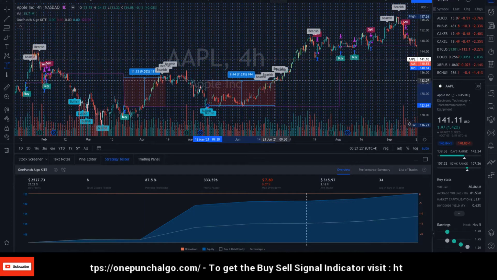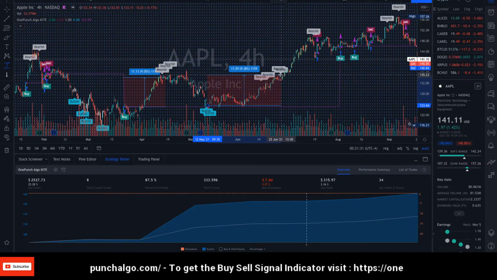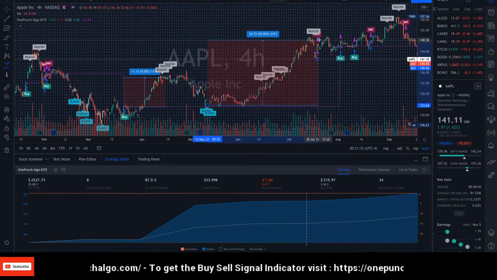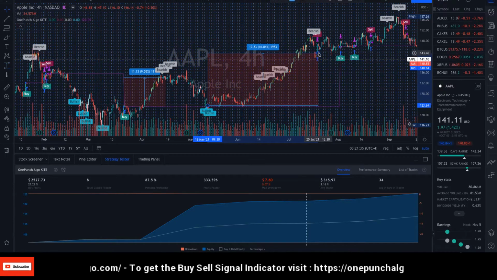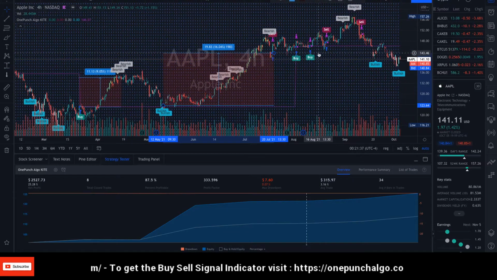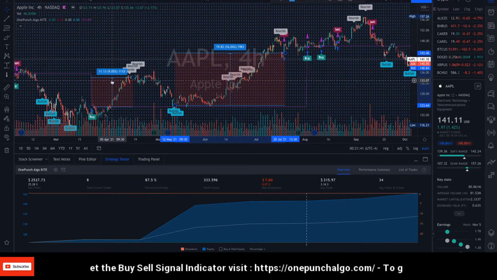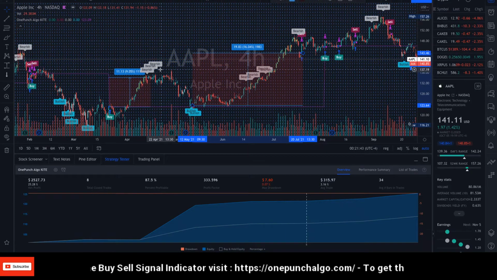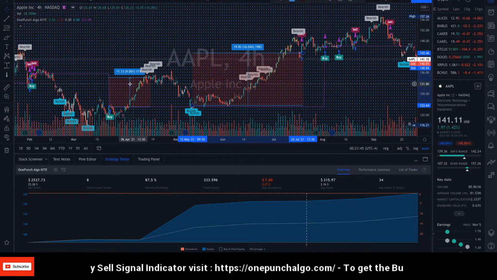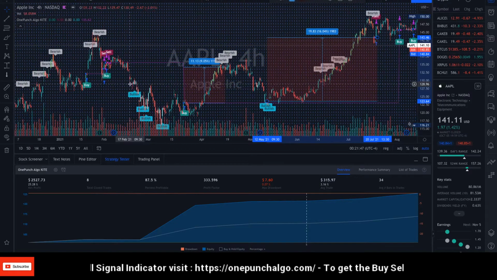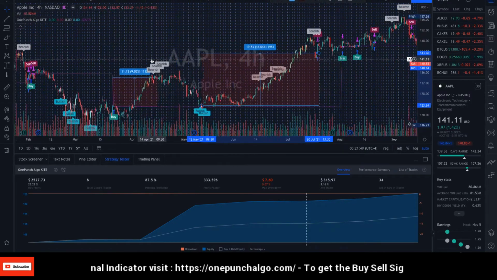You could sell, but let's decide. If we sell around the sell signal, it's 16%. So the sum of both of them is equal to 24% right there, right?